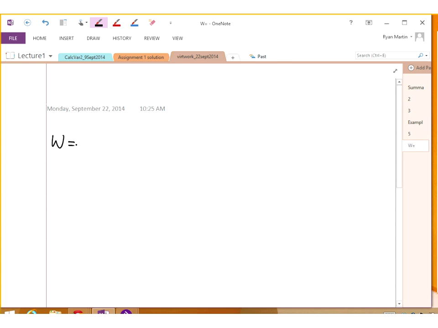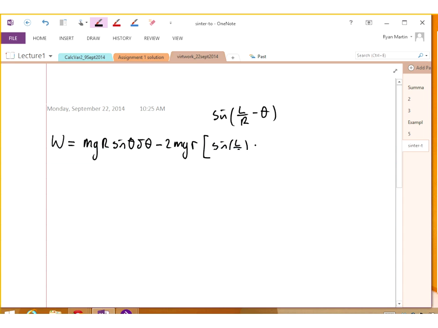So if I plug that in, then we have W is equal to mgR sine theta delta theta minus 2mgR times sine of L over R minus theta.